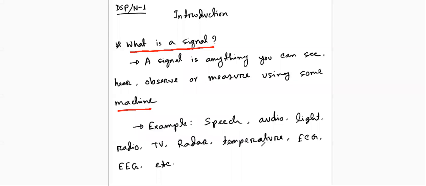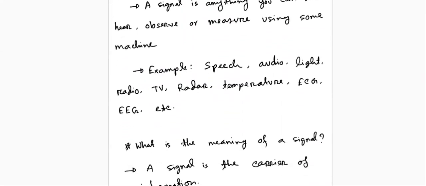From the biomedical sense, ECG or EEG. ECG stands for electrocardiograph, and EEG stands for electroencephalogram. So those are common examples of different sorts of signals.